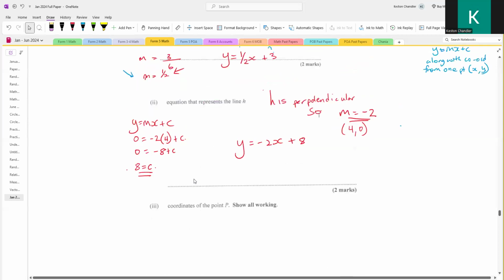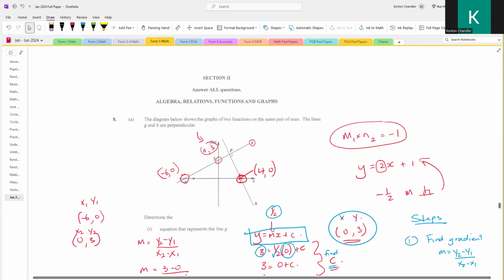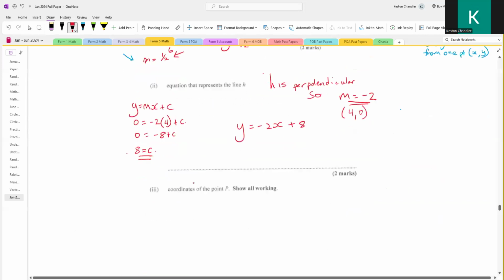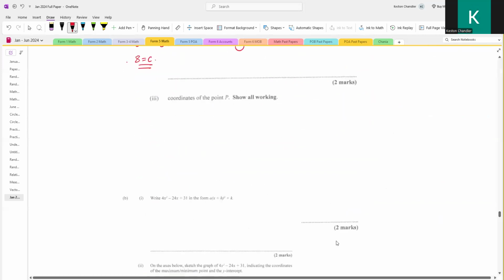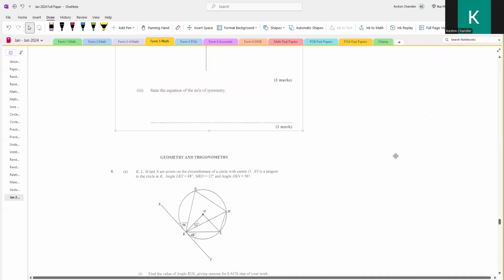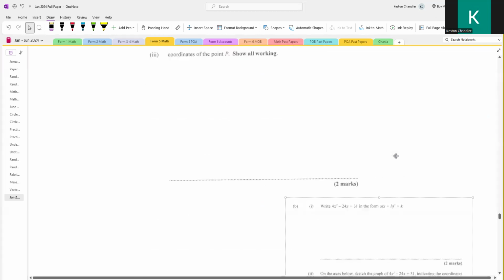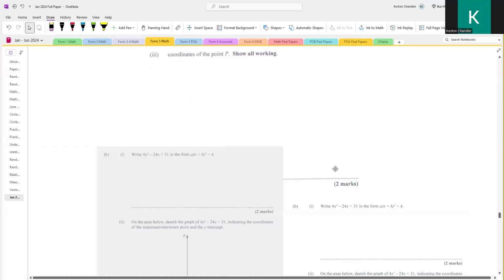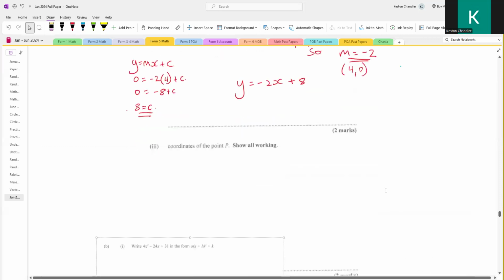Coordinates of the point P. The point P is where the two lines intersect. Anytime two equations intersect at a point, all you're doing is taking the two equations.